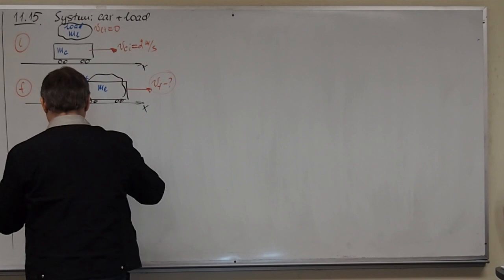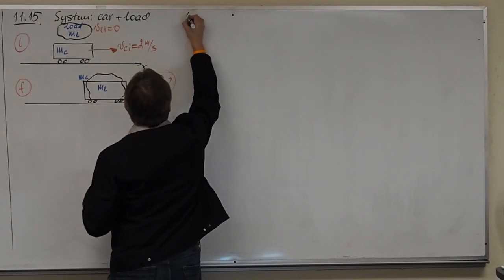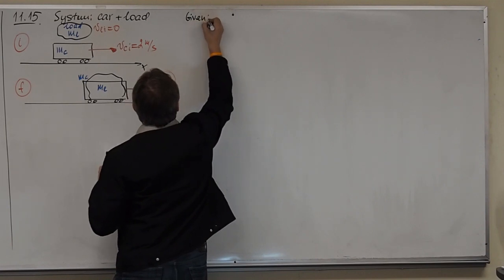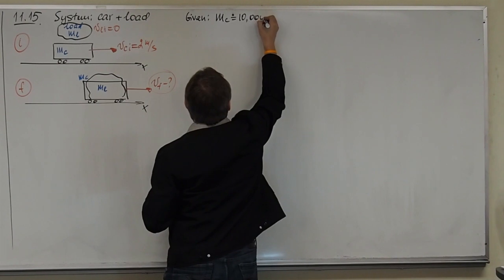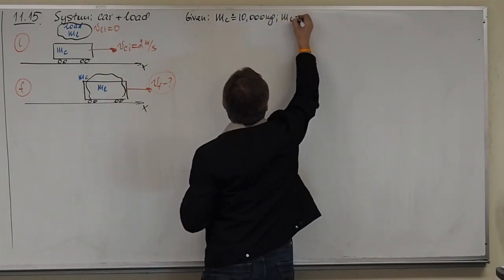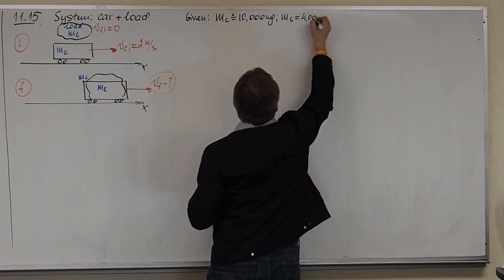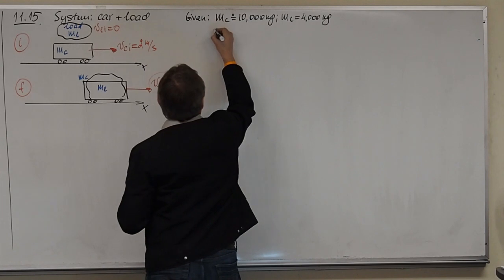What is given? The mass of the car is 10,000 kilograms. Then the mass of the load is 4,000 kilograms. And velocities.